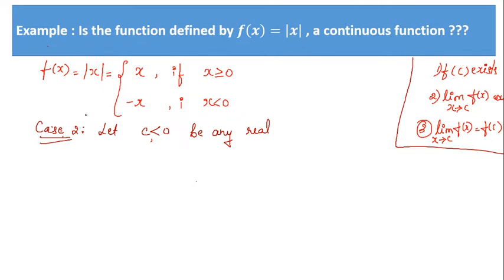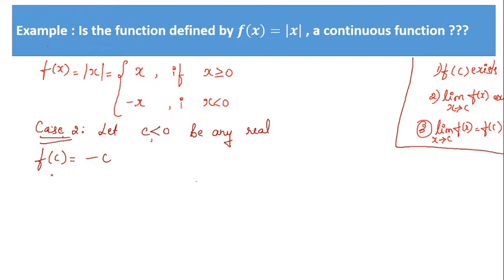Okay, so we know that if we take any real number which is less than 0, then the given function is defined as minus x. So first we have to see what is f of c. f of c is nothing but minus c, correct? f of c is nothing but minus c, because c is less than 0, and if the real number is less than 0, the function is defined as f of x is equal to minus x.